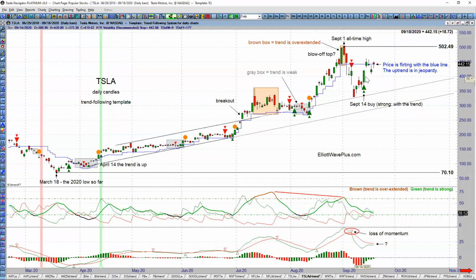And now it has come back and is flirting with the ATR volatility stop line. And the MACD is at a critical juncture. Is it going to turn back up or is it going to turn down? I don't think Tesla is anywhere near finishing with its corrective structure.